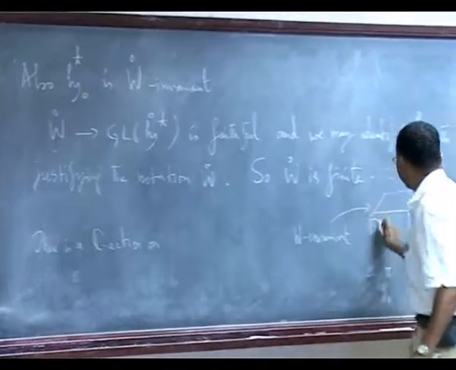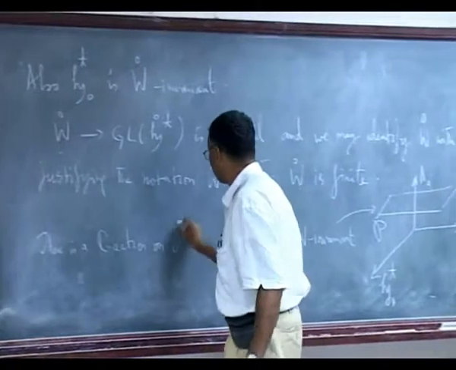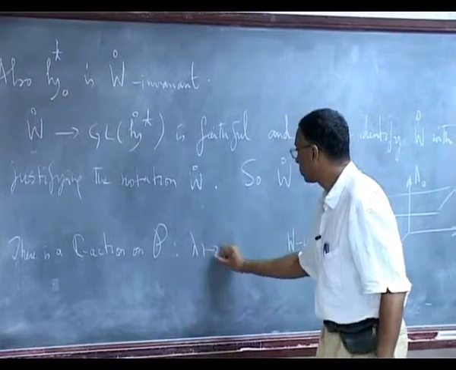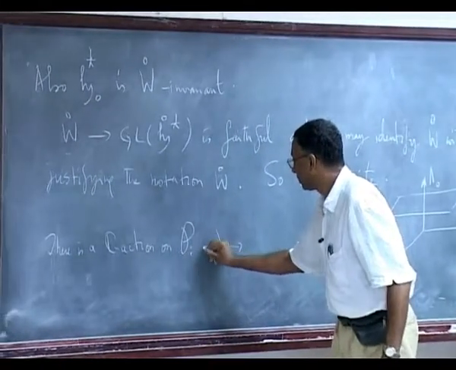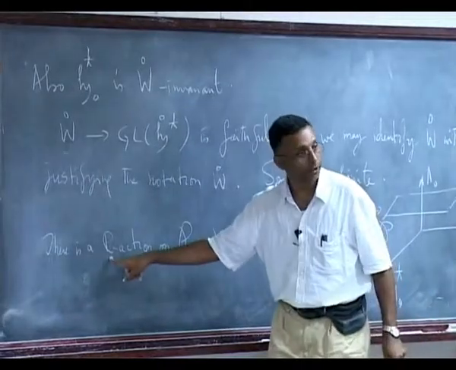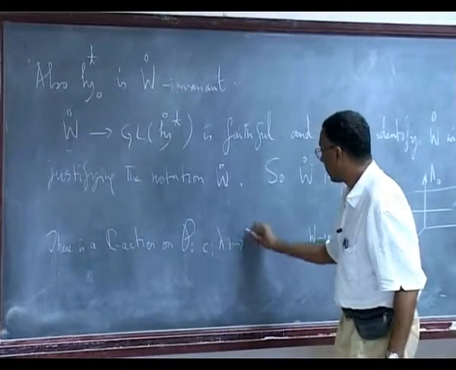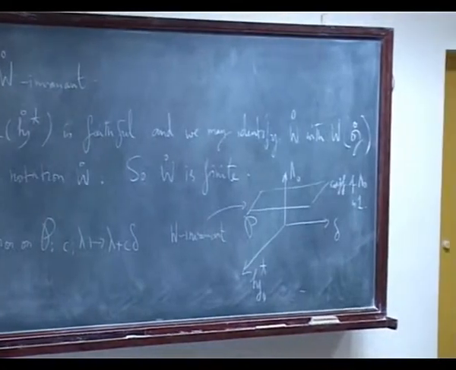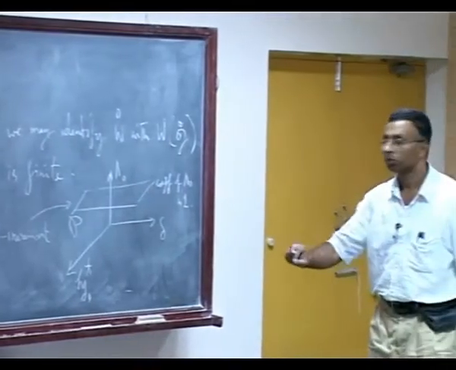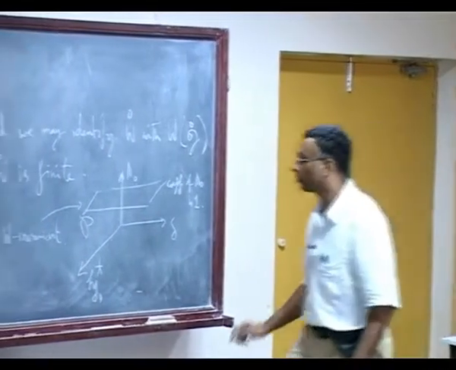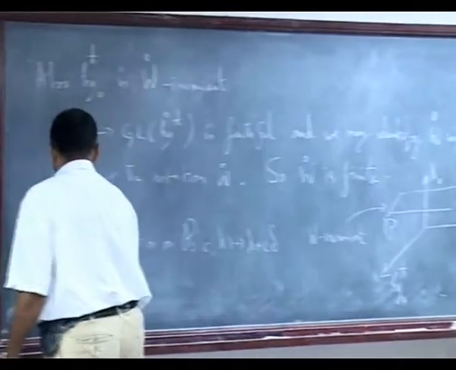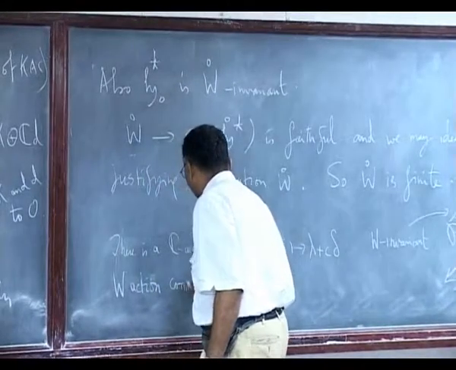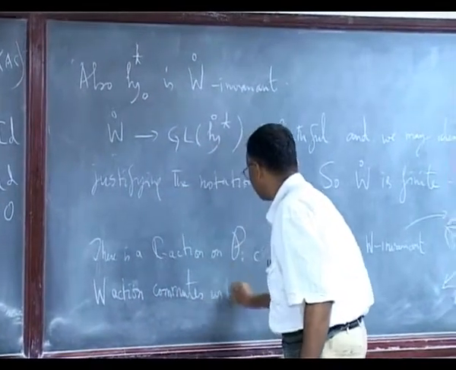Let's give this a name, P. Let me call this P. On P, if I take c, an element of the complex numbers, I send lambda to lambda plus c delta. Okay, now let's observe, here is the claim. Now the W action commutes with the C action.